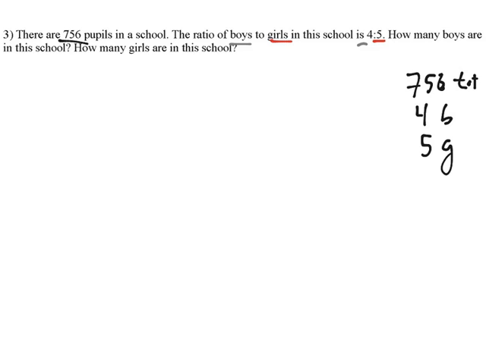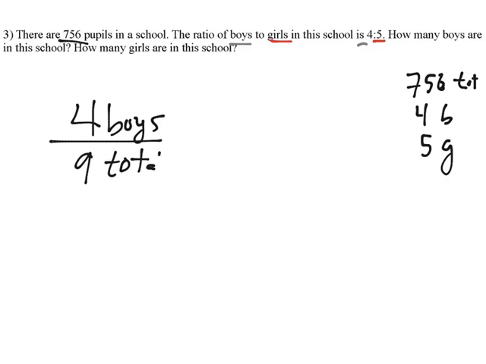That would work. The foolproof method, the way I like to do it, is I'll see 4 to 5 is my ratio of boys to girls. That means for every 4 boys, or I'm sorry, every 9 total people, there are 4 boys. And we can set this equal to x boys over 756 total people.